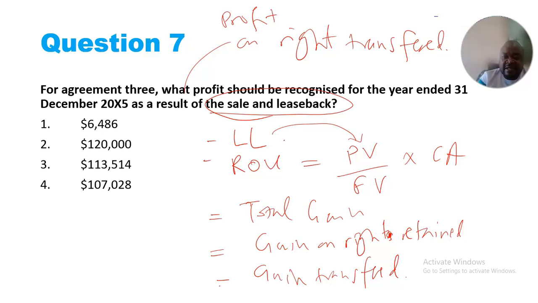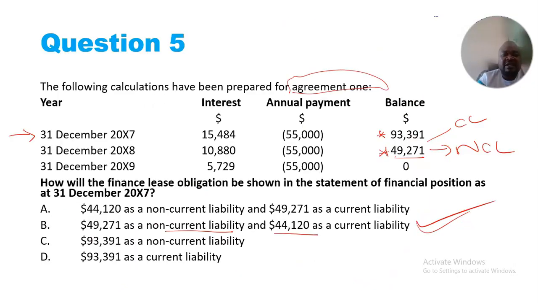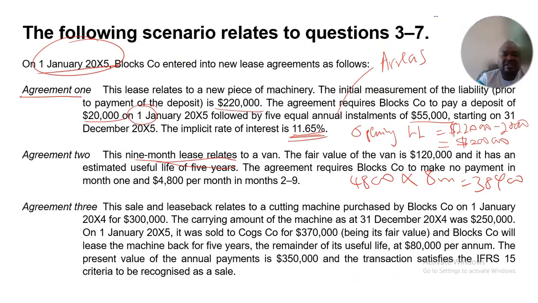So let us get the information and slot in the figures. This sale and leaseback relates to a cutting machine purchased by Block Co on 1 January 20x4 for $300,000.